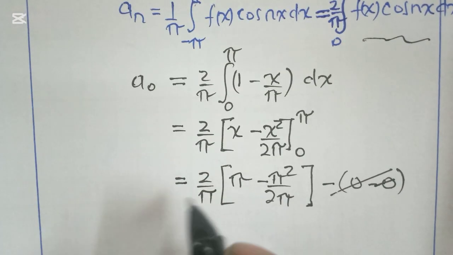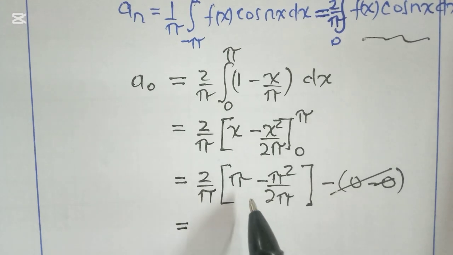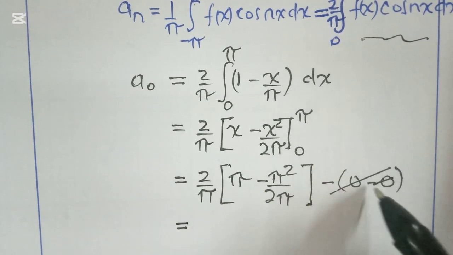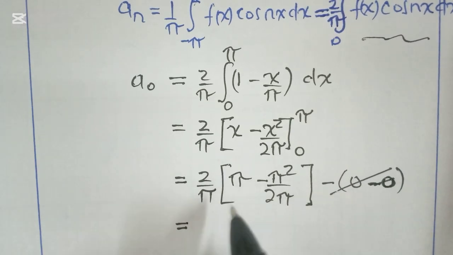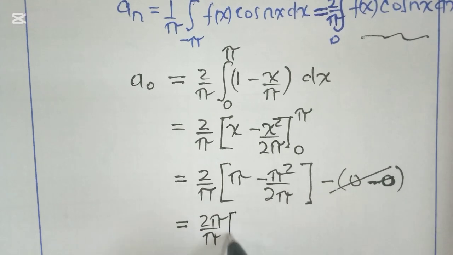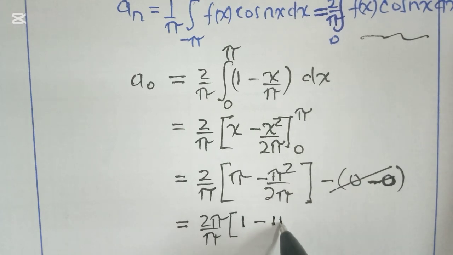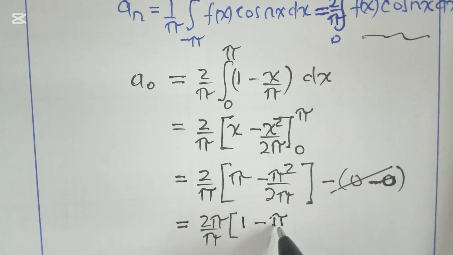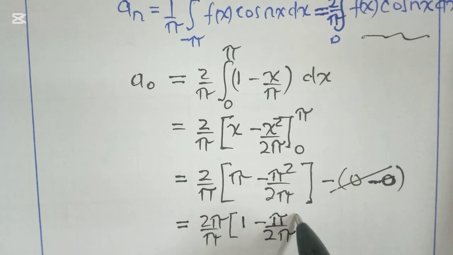And so guys, we can now say this is 0 minus 0, which gives us 0. So this one we can factor out the pi. We have 2 pi all over pi. We are left with 1 minus pi all over 2 pi, of which this pi can cancel with that one.